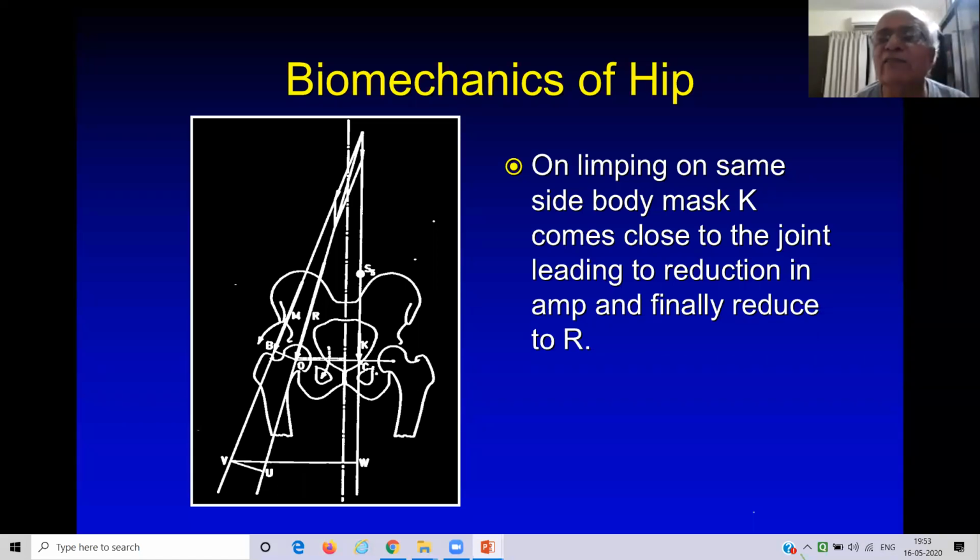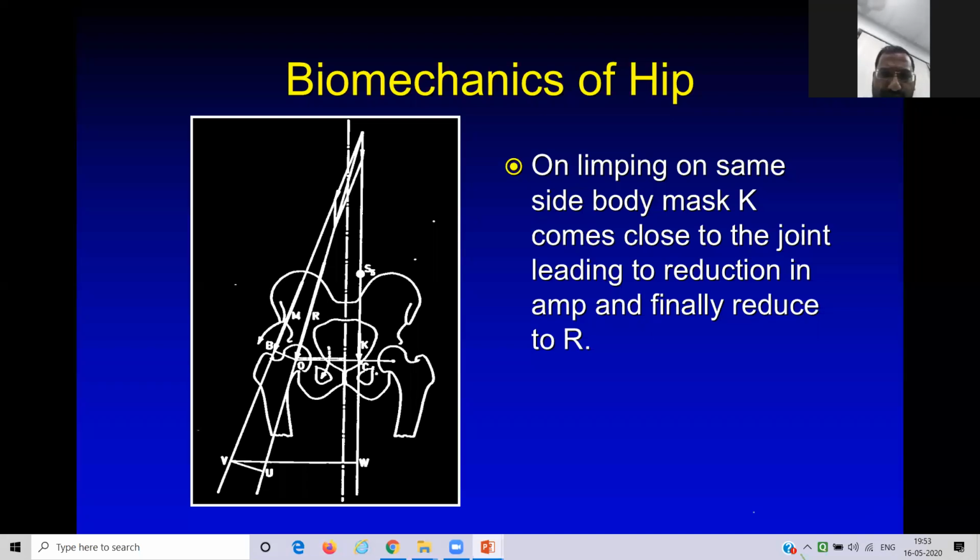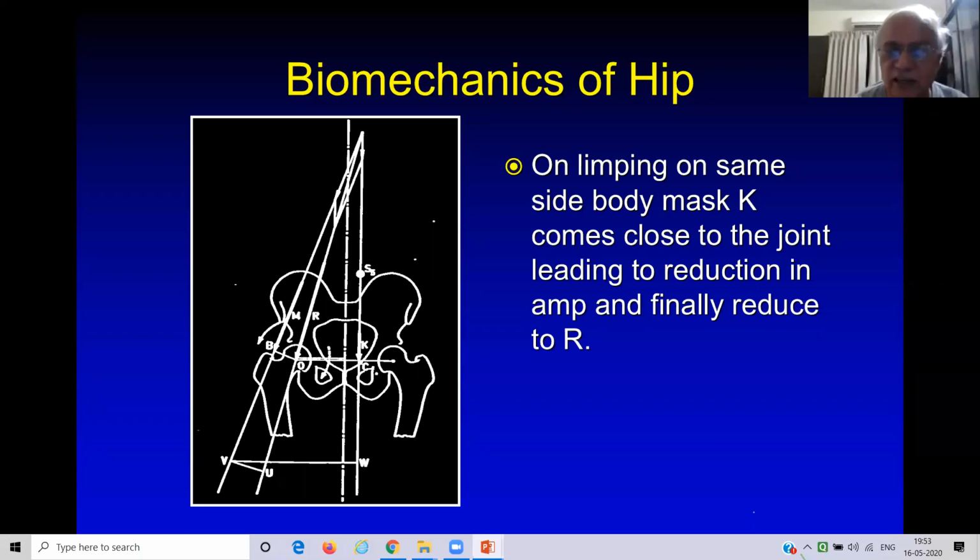So the body lever arm gets reduced and abductor lever arm remains the same. So as you limp on the same side, the body lever arm gets reduced and automatically the resultant force is reduced. Do you understand? Yes, sir. So that is important. That's why most patients will limp on the same side, the difficult side, that is the arthritic side, so as to reduce the body lever arm.